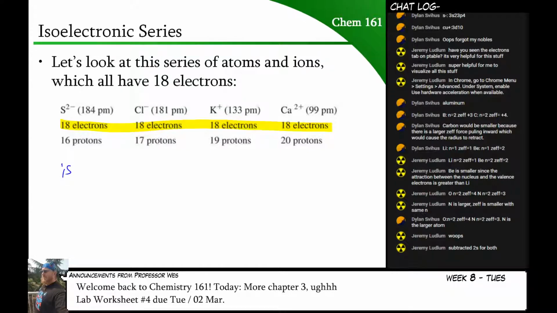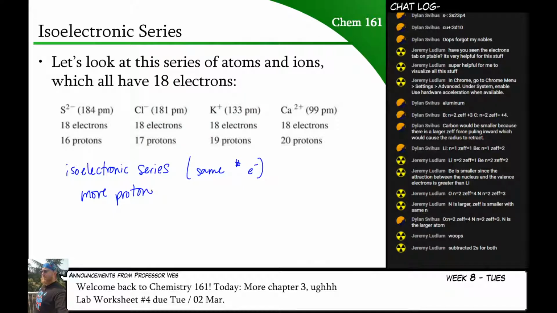Isoelectronic series means all the same number of electrons. More protons equals smaller size. For cations, you can explain that as Z effective getting bigger and bigger. And for anions, you can explain that as Z effective being smaller.